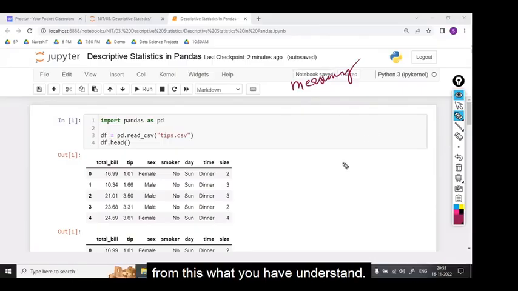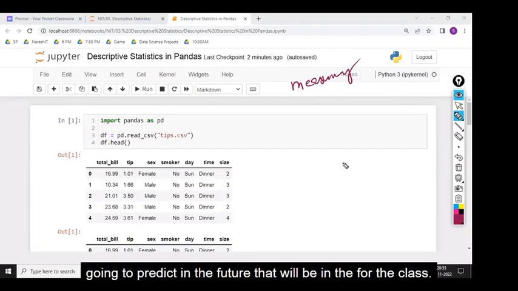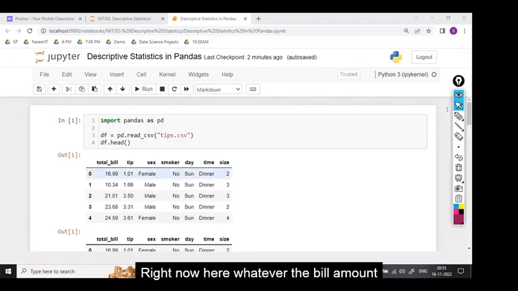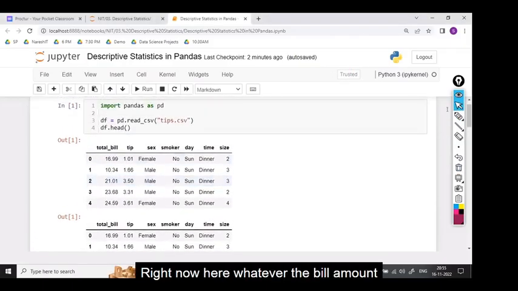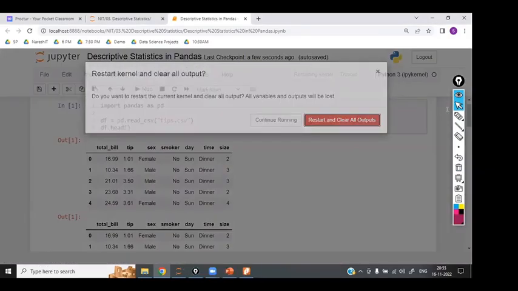From this, what you have understood, what you are going to do with this data set, what you are going to predict in the future, that will be in the further class, right? Now, here whatever the bill amount is, the total bill. Let me clear the outputs.